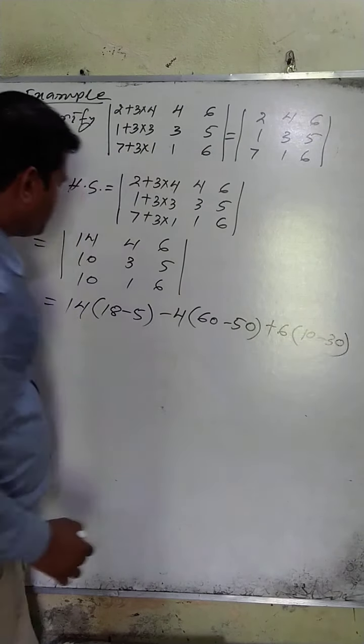Okay, that equals 14 into 13 minus 4 into 10 plus 6 into minus 20. That equals 182 minus 40 minus 120, that equals 182 minus 160, that equals 22.